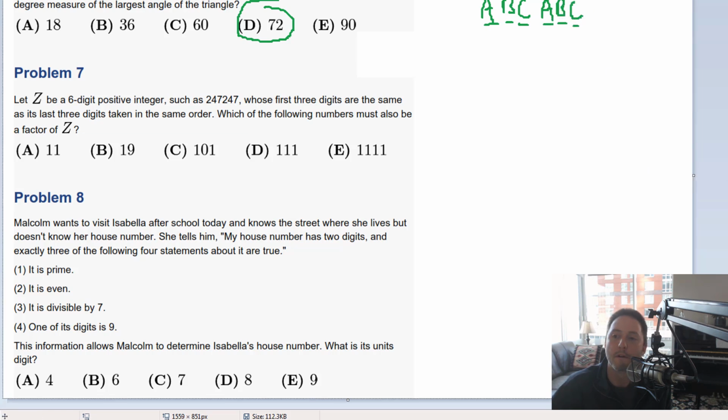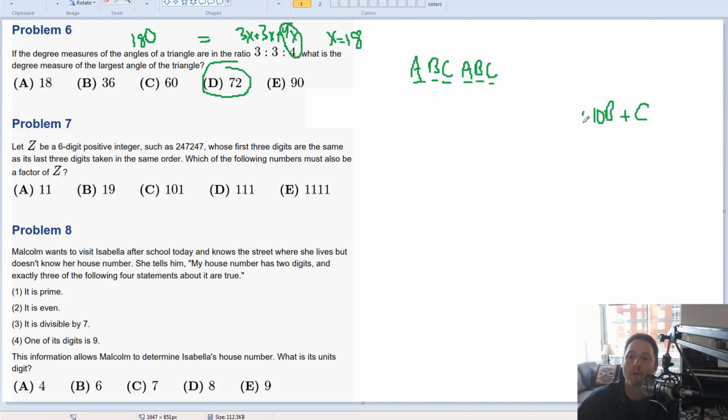Okay. Now if we were to write this out, if we were to expand this, this would be C plus 10B plus 100A plus 1000C.